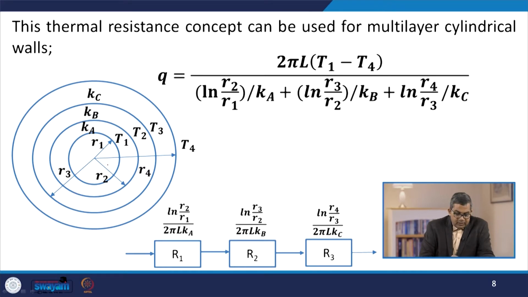There are 4 different radii, R1, R2, R3, R4, and different materials A, B and C. So the generic equation can be written as Q equal to 2 pi L (T1 minus T4), where T1 is the inner temperature and T4 is the outer temperature, over ln(R2 over R1) over Ka plus ln(R3 over R2) over Kb plus ln(R4 over R3) over Kc.